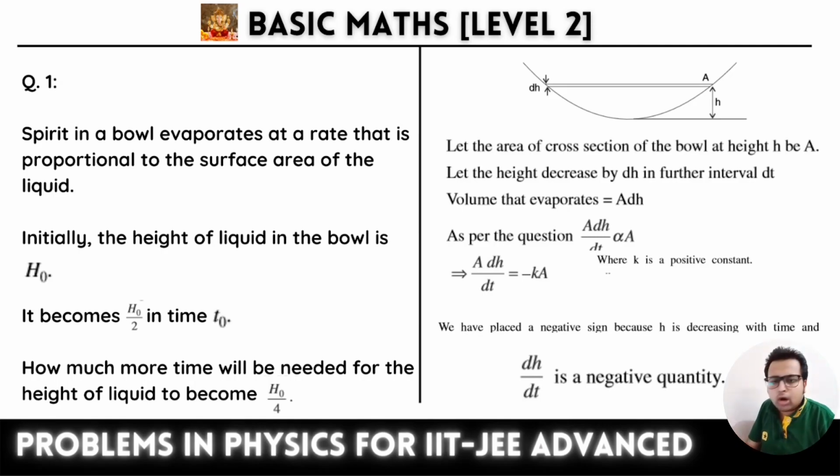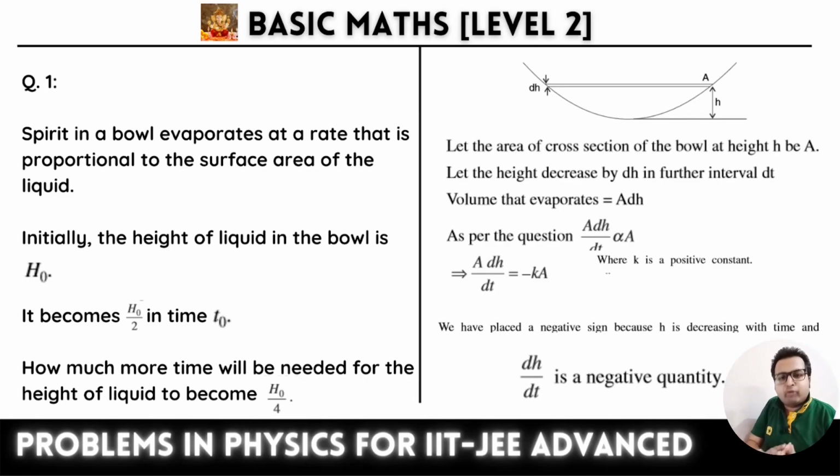Now let us do the observation for a very small time instance, that is dt. For a very small time instance dt, if we look into the ball, we will see that a very small evaporation will take place. So the change in height will be dh, meaning height will decrease by dh.